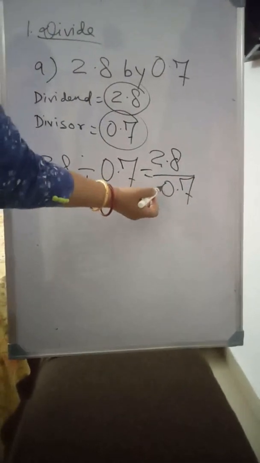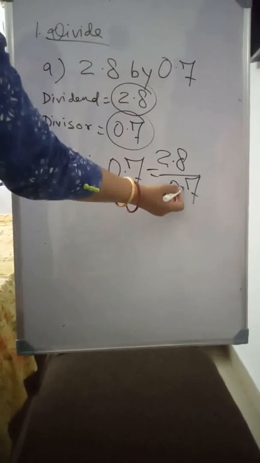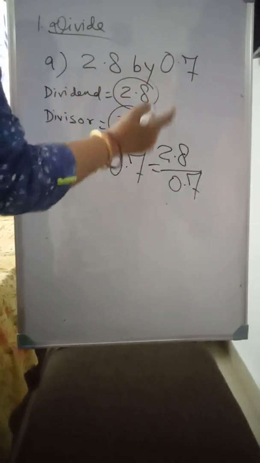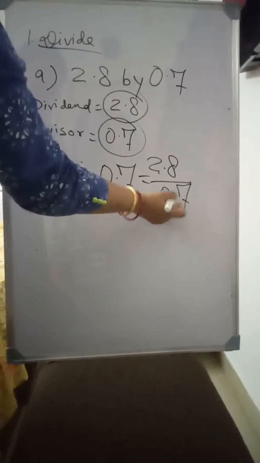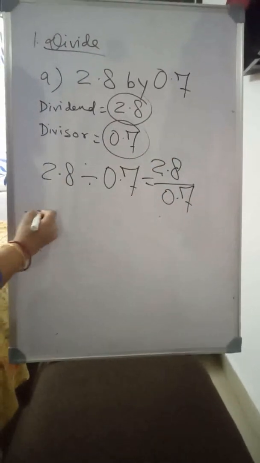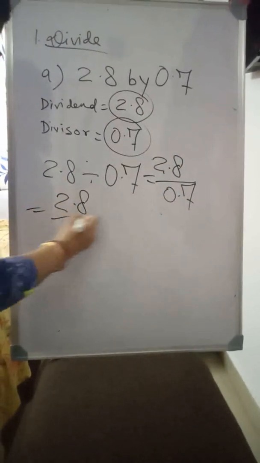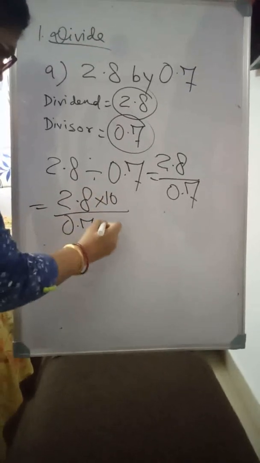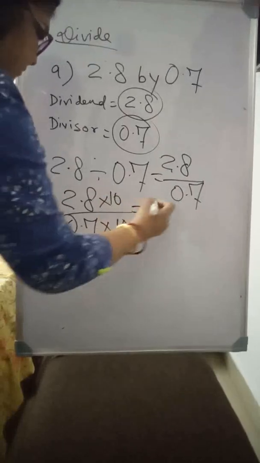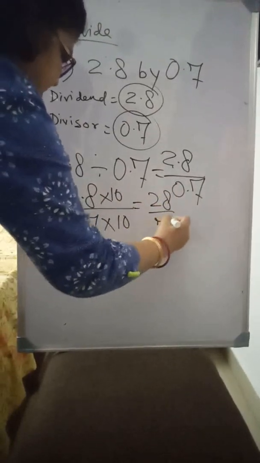Okay. Now here this denominator has the decimals. So I have to remove the decimal. So how will I remove it? How many decimal places are there in the denominator? 1 decimal place. So I have to multiply the numerator and the denominator by 10. Correct? So here it will come 28 by 7.